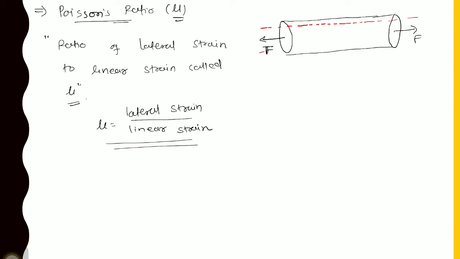So there is a new condition. Suppose here the length of the body increases, the diameter of the body is what? Decreases. So linear strain means the strain produced along the force, and lateral strain means the strain produced perpendicular to the force.